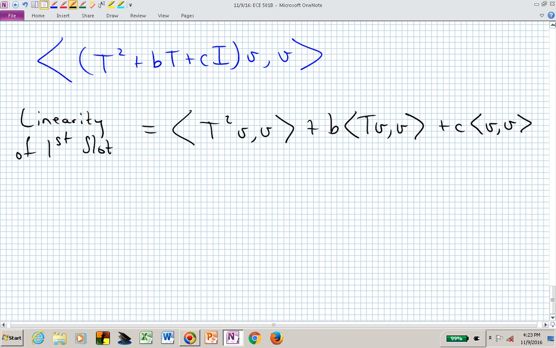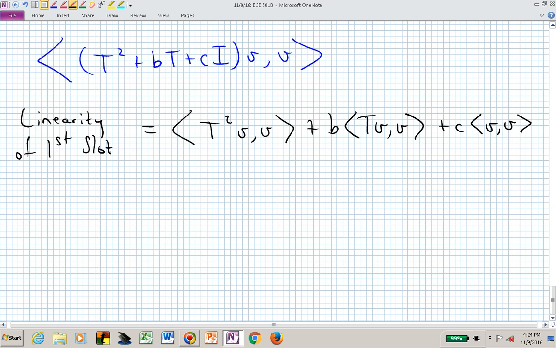We haven't changed anything relative to that first inner product. What we're really trying to show is that that left-hand side, that blue inner product, is positive. So let's see what else we can do.